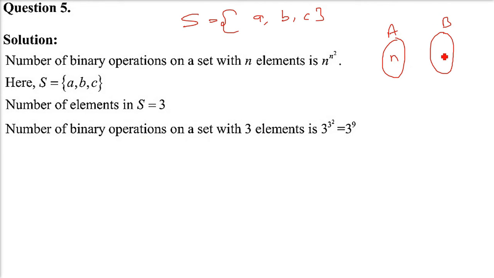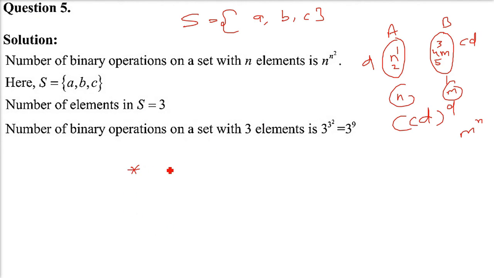Let us say A has n values and B has m values, for example A has 1, 2 and B has 3, 4, 5, whichever numbers you take. A will correspond to the domain and B will correspond to the codomain. So the number of operations possible is codomain to the power domain, that is m to the power n.